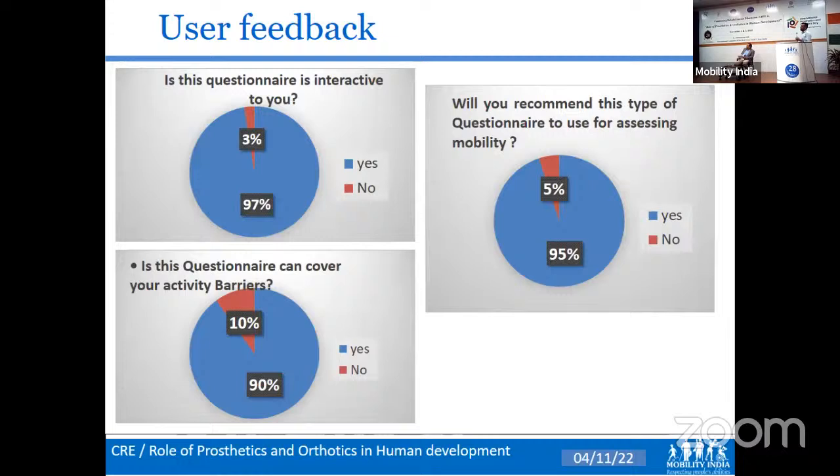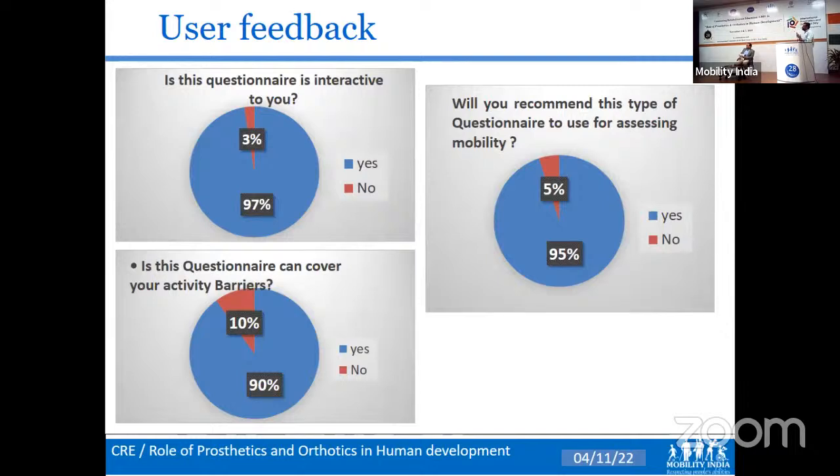Now, lastly, user feedback. We made one questionnaire and did the analysis, but what do users think about filling in that questionnaire? So we asked three questions. First: is this questionnaire interactive for you? 97% responded yes.